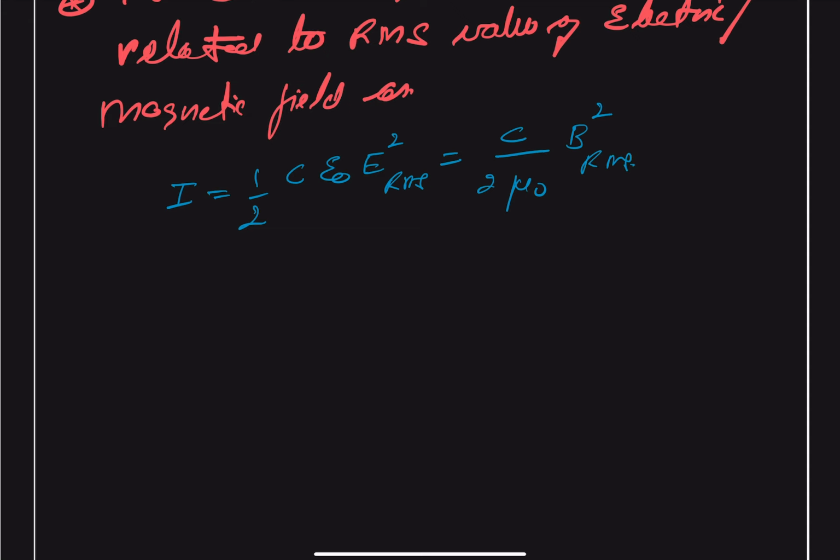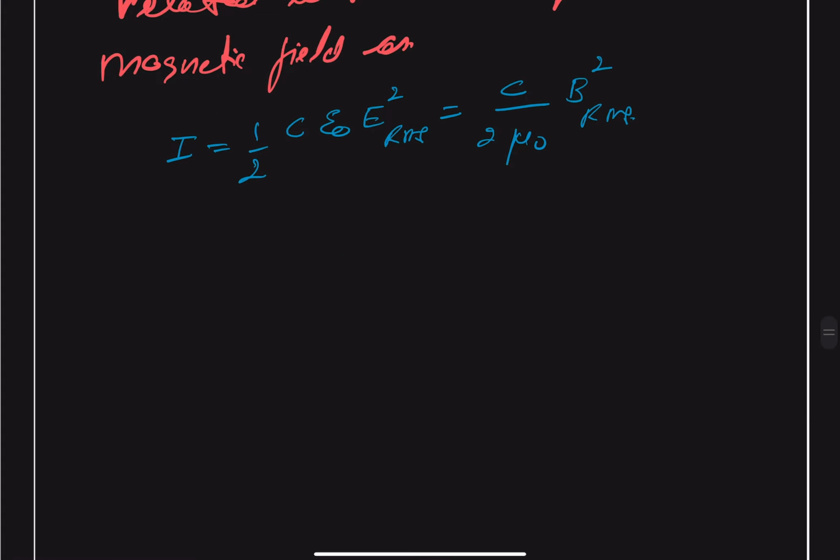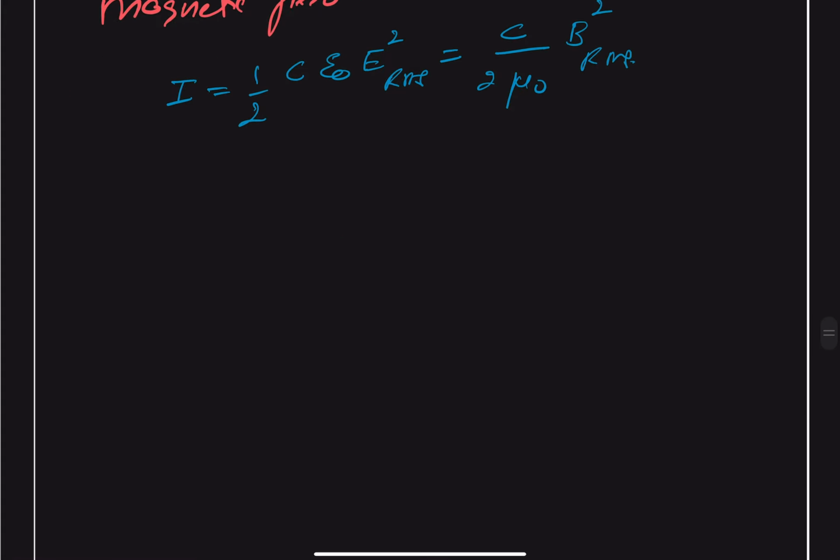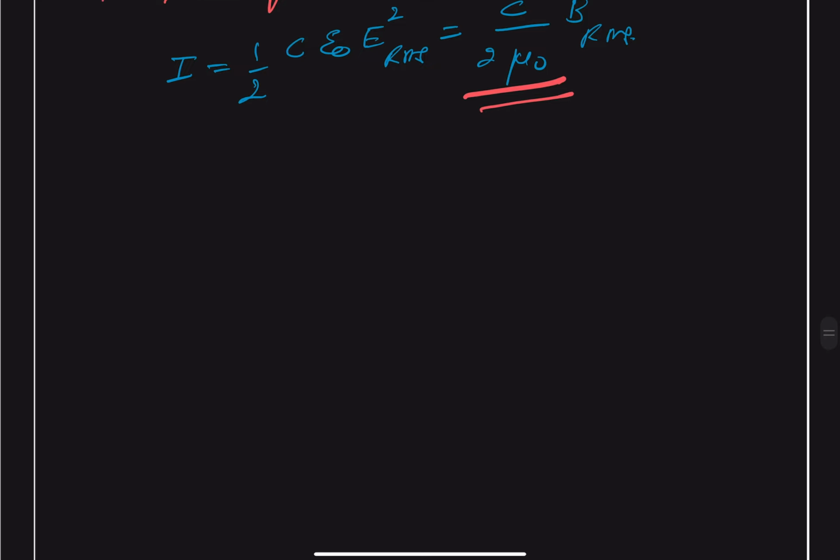In this case we are supposed to use only the magnetic field, so we are only going to concentrate on the second part of the formula. So we can convert from here and write that our B RMS will be equal to the square root of 2 mu naught times I divided by c.